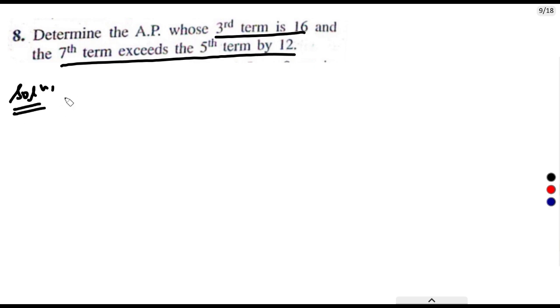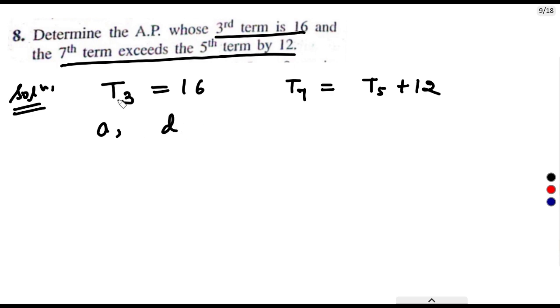First condition that is given in the question, third term is 16. The second condition is seventh term exceeds fifth term by 12. Now if first term is A and common difference is D, then third term will be A plus 2D and it is equal to 16. And seventh term A plus 6D, fifth term A plus 4D.